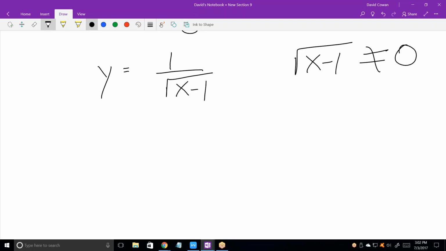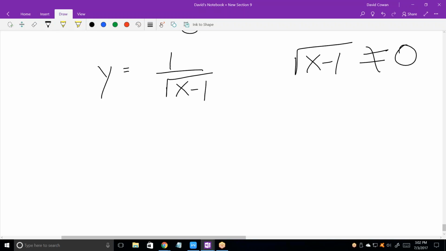What's the second rule of math? What else can't you do? Can you take the square root of a negative number?